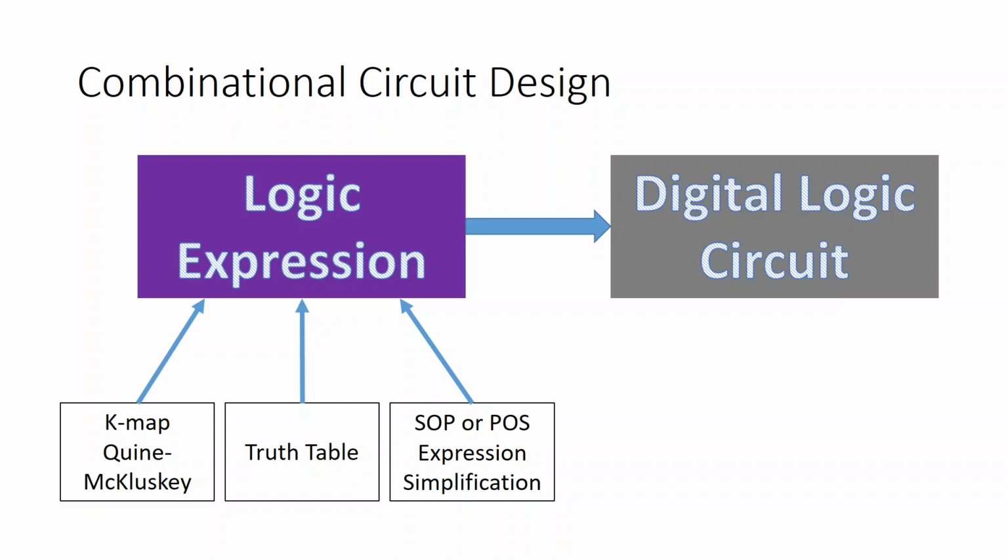So what is here actually? We have either a SOP or a POS expression, and we simplify that using Boolean theorems, or a K-map, or from a truth table. So from somewhere, we would be able to get a logic expression. That logic expression can be designed in a digital logic circuit. So we know how to do this. If we have a logic expression, we can draw the digital logic circuit.